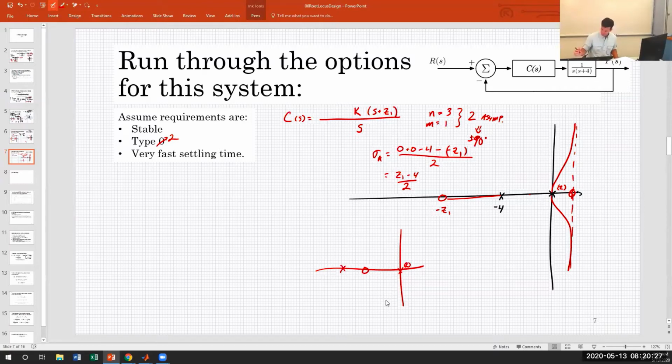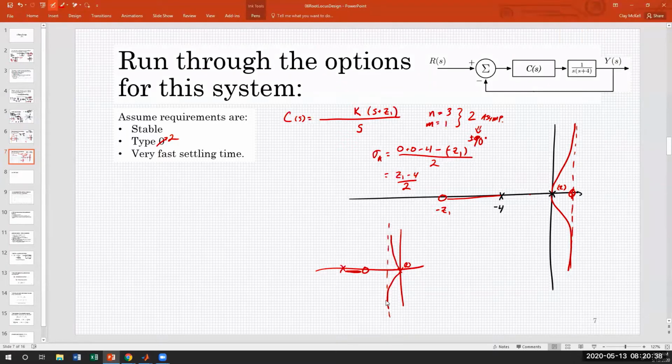So I think that a single zero, it's okay, but it's not enough. Questions on why it's not enough? Is it not enough because it's only shifting the center of mass to a spot that you don't want it at?